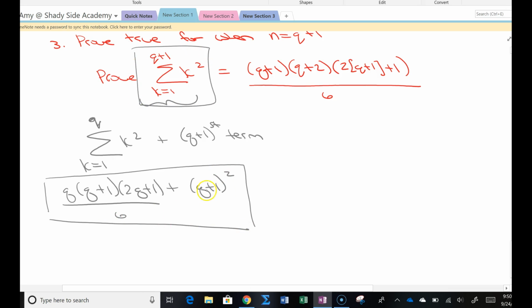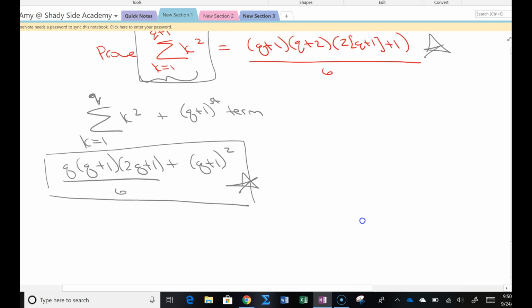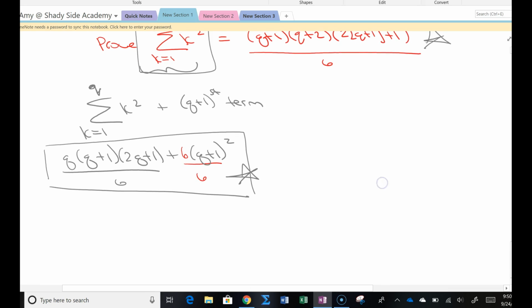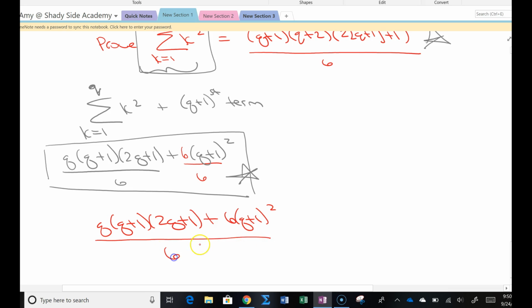I have to now make this look like what? This, and I will be done proving. Well, let's see. I am going to get a common denominator between fraction 1 and fraction 2 by multiplying this fraction by 6 over 6, in which case I will get q times q plus 1 times 2q plus 1 plus 6 times q plus 1 squared, all of this now all over 6.